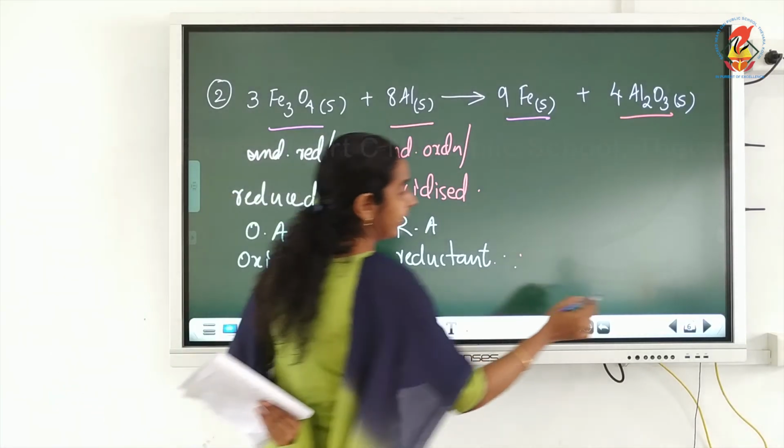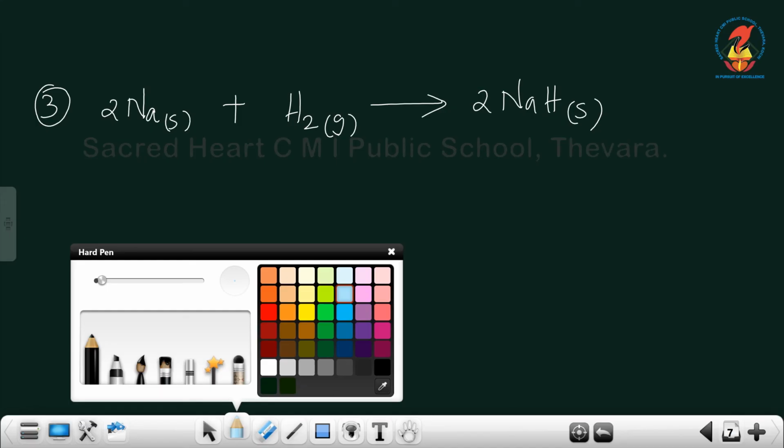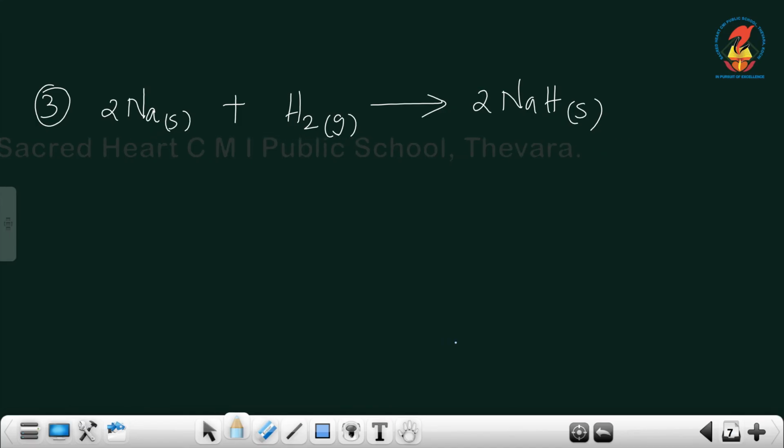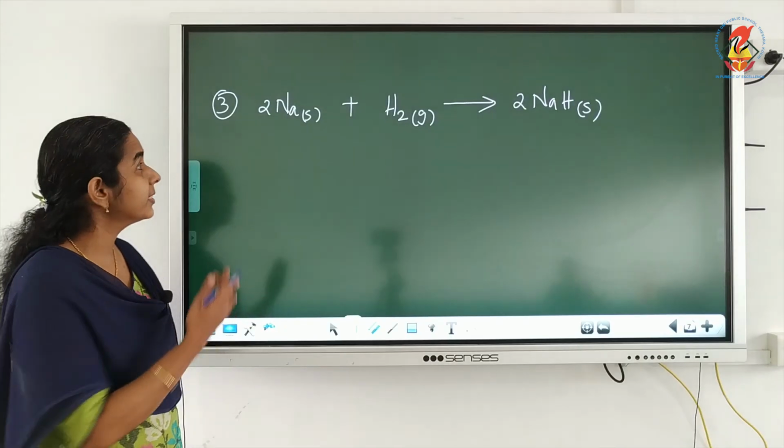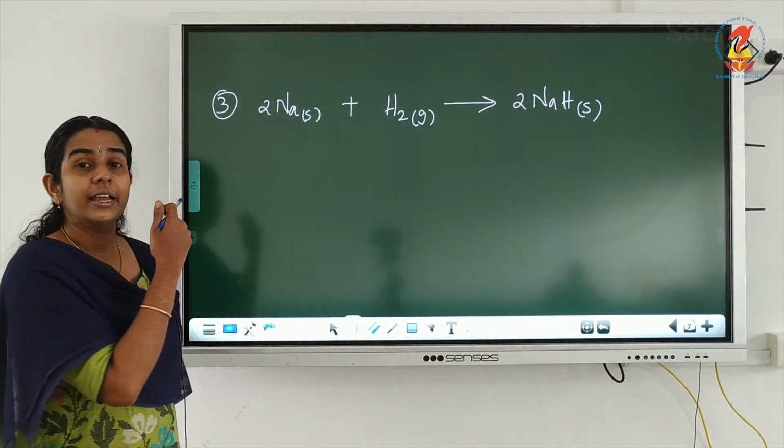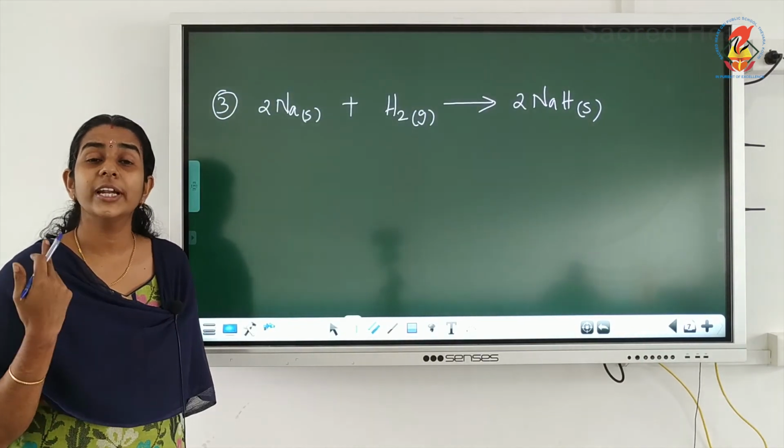Okay, now in the last example, to identify the species undergoing oxidation and reduction, the equation is Na plus H2 giving NaH. So here we can explain which is undergoing oxidation and which is undergoing reduction only in terms of electropositive or electronegative elements.